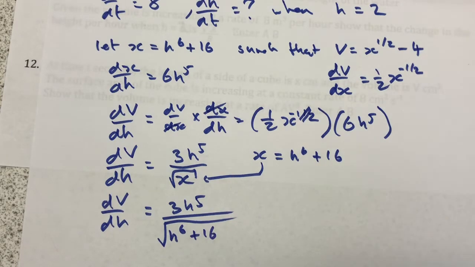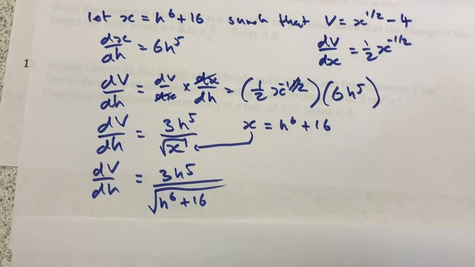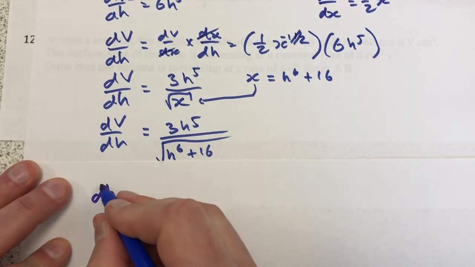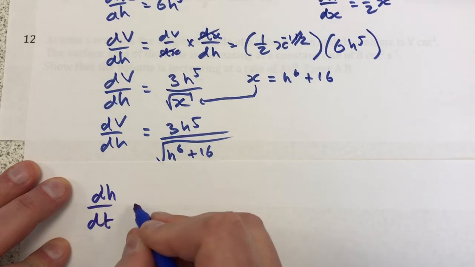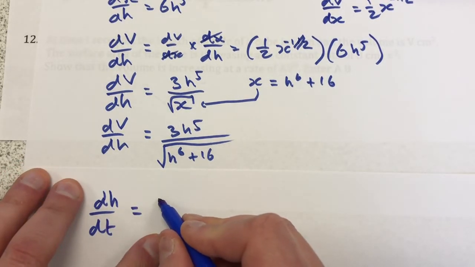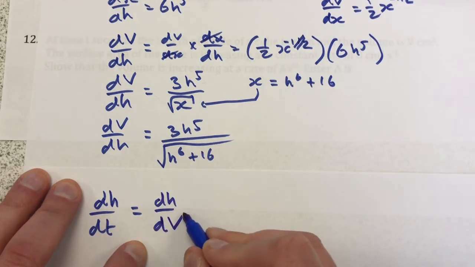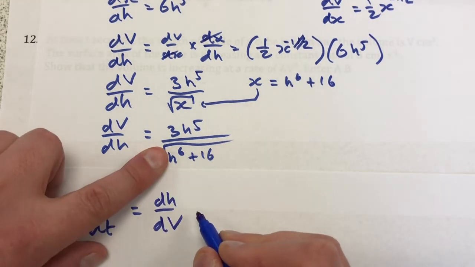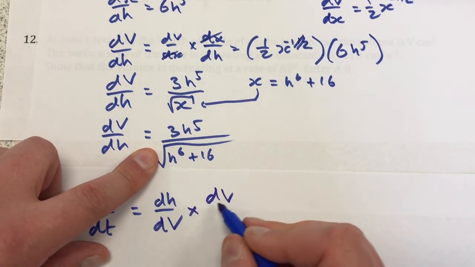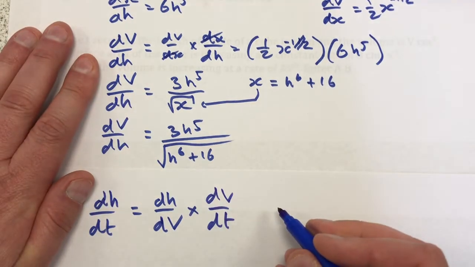Okay, I'm going to need another piece of paper for this. We now need to get an expression for dh/dt, which we're going to get via the chain rule, doing dh/dV, which is the inverse of what we've just determined here, times dV/dt, which was given to us earlier in the question.